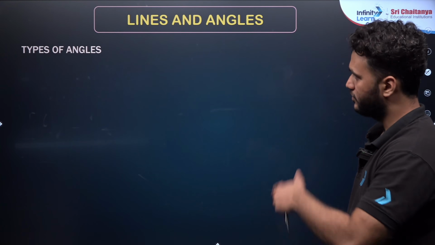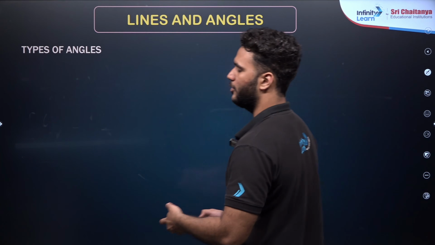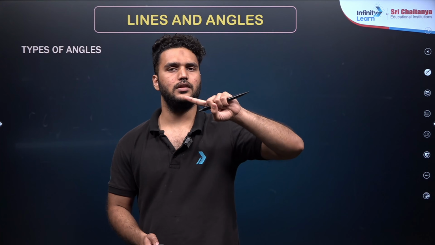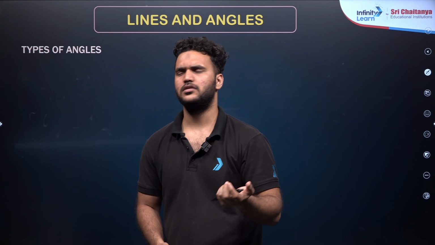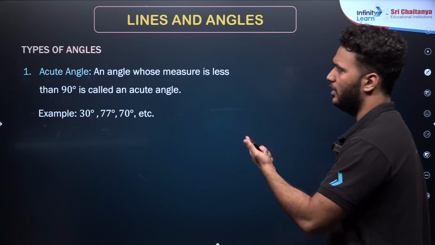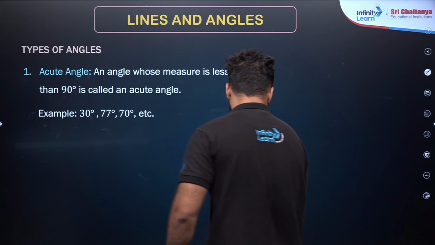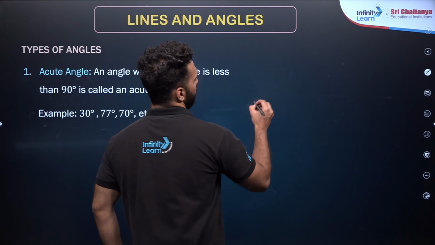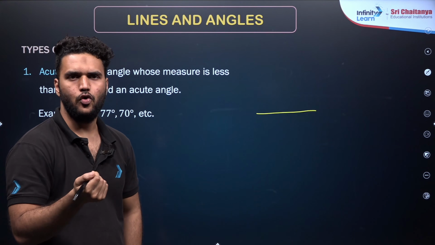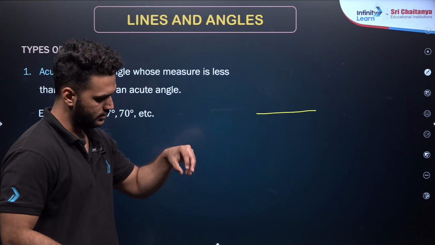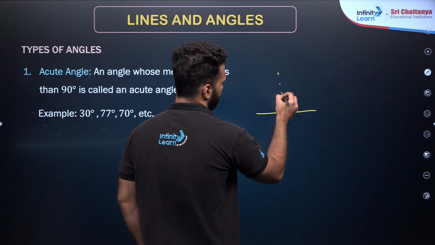Okay, now let's go for the next. Types of angles: you have studied them in your lower classes. Acute angle, right angle, straight angle, obtuse angle, and reflex angle. Acute angle, what is an acute angle? Any angle less than 90 degrees. What is 90 degrees? You know, the perpendicular. Most of the buildings, poles, and towers make an angle of 90 degrees with the ground, like they stand like this.